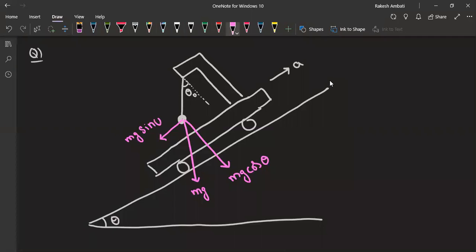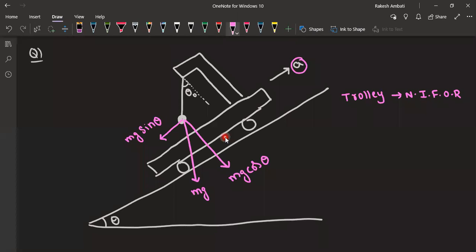Then, in the question, the trolley is a non-inertial frame of reference because acceleration is given.